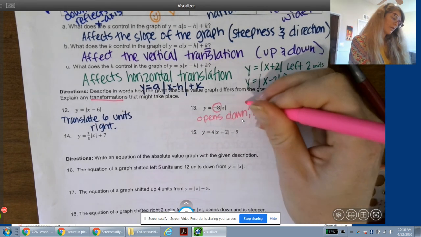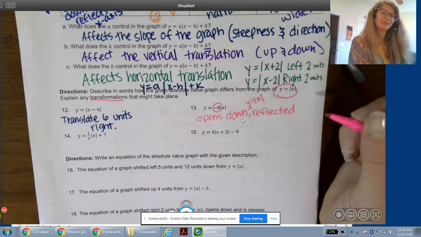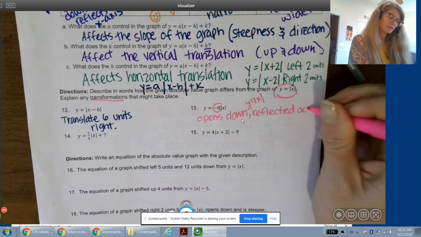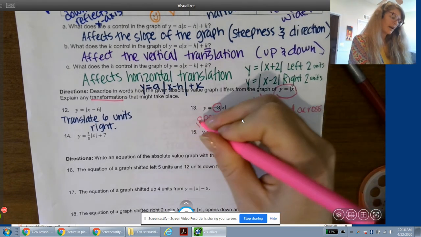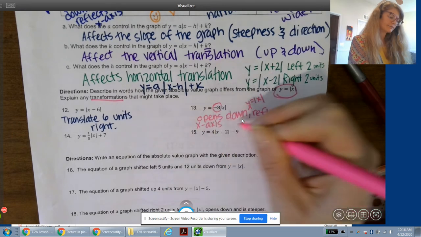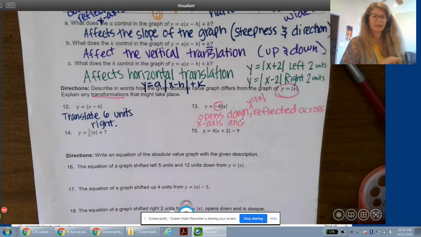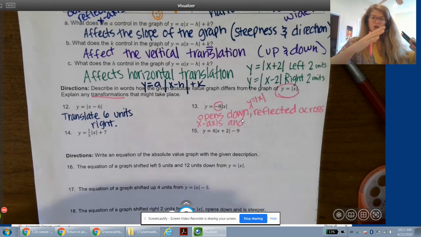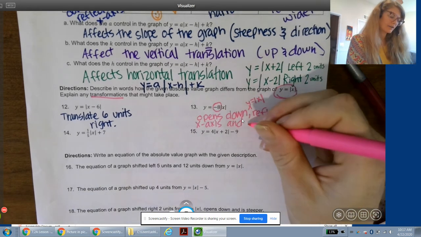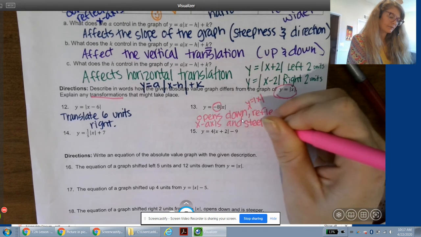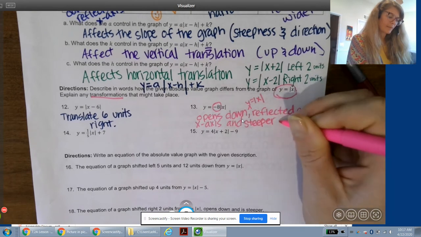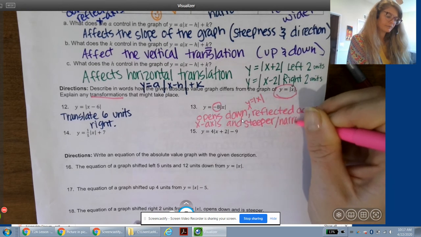Y equals the absolute value of x reflected across the x-axis. And is it going to be steeper, grows faster? It grows faster downward. It's going to go faster. Steeper, narrower.